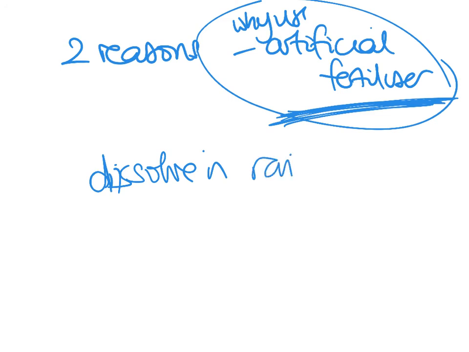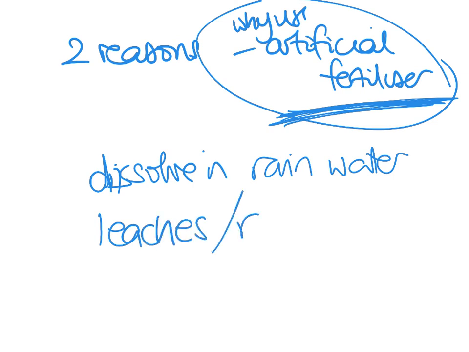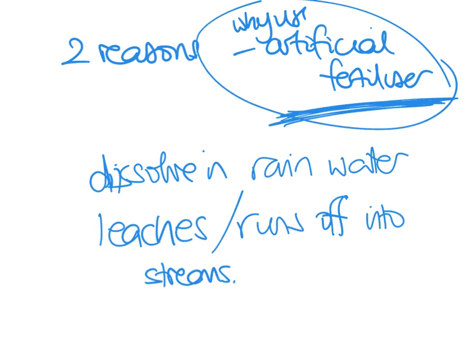So it dissolves in the rainwater, and then it runs off, or the term we use, it is leached. Remember we said it trickles down, hits the rock, nowhere to go except into streams, rivers, lakes, and so on.